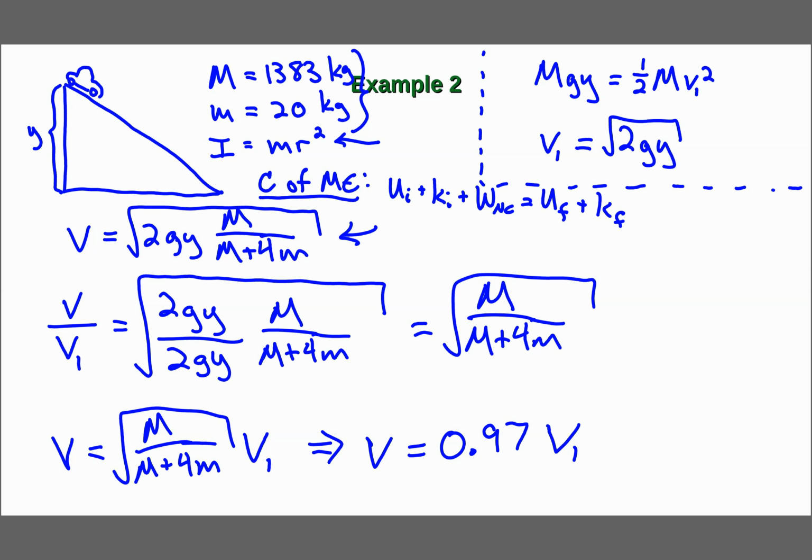Because in the end, how far we're off depends on this. So the mass of the car and the mass of the wheels are both going to affect how far we're off in this approximation. But in general, for just a normal car and some normal wheels, 3% is not too bad.